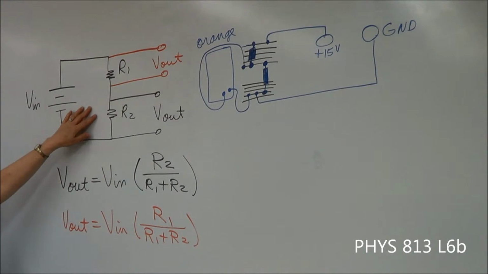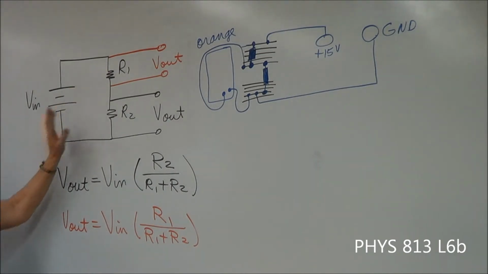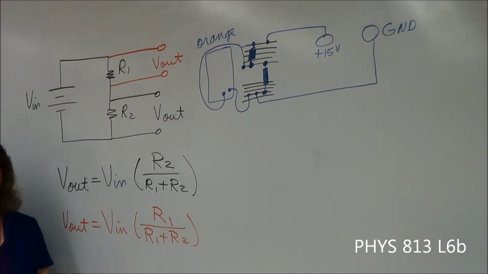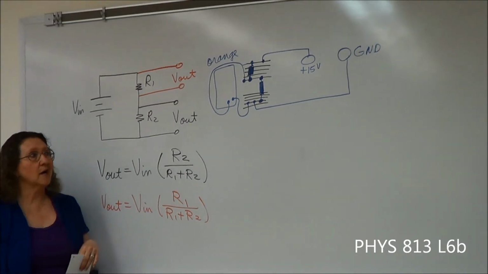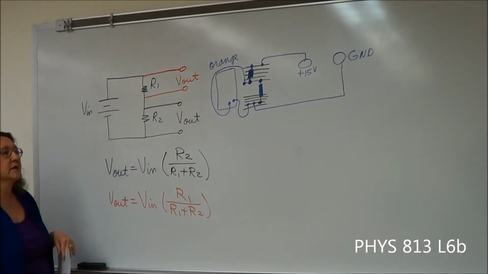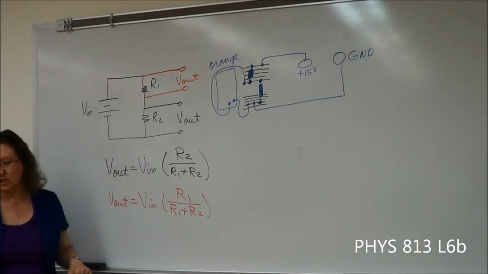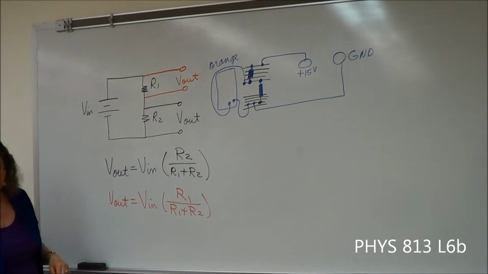Another comment about a voltage divider is there is a thing called a potentiometer, and the short version for that is a pot, which I am not particularly fond of, so I will use potentiometer. There are a couple of those on the circuit board, but at the moment we're not going to use them. We might a little bit later.